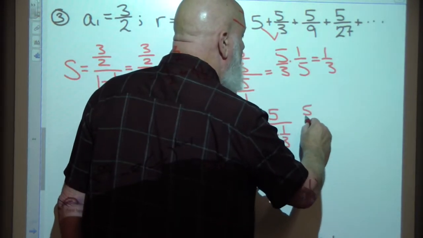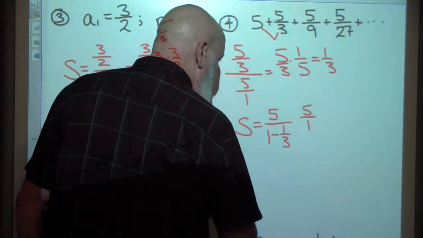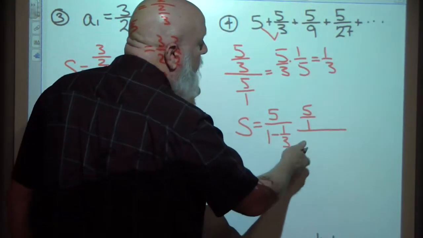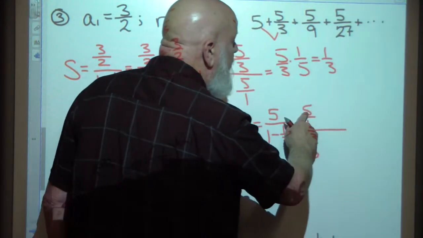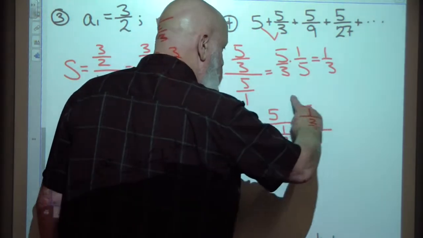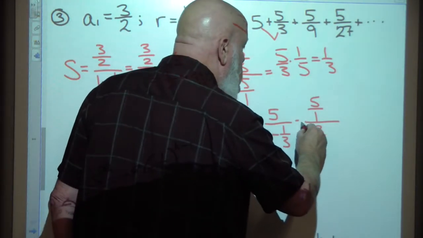5 over 1. I can do that. Over 1 minus 1/3 is 2/3. This is 3/3 minus 1/3 is 2/3. I'm just thinking of this as 5 over 1, so that I can invert and multiply a little more easily.